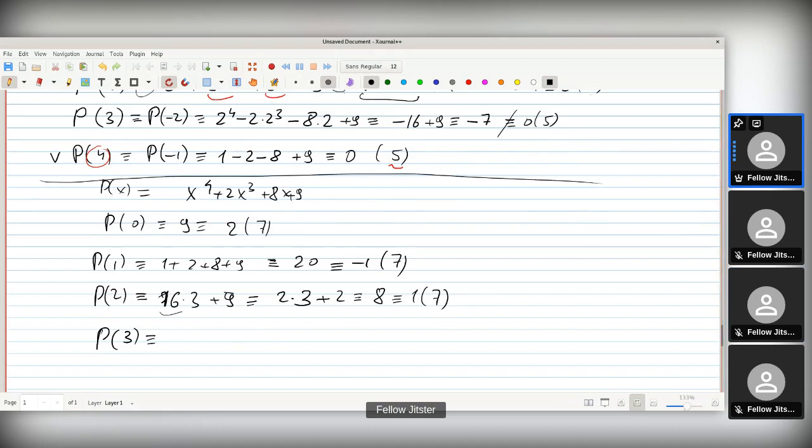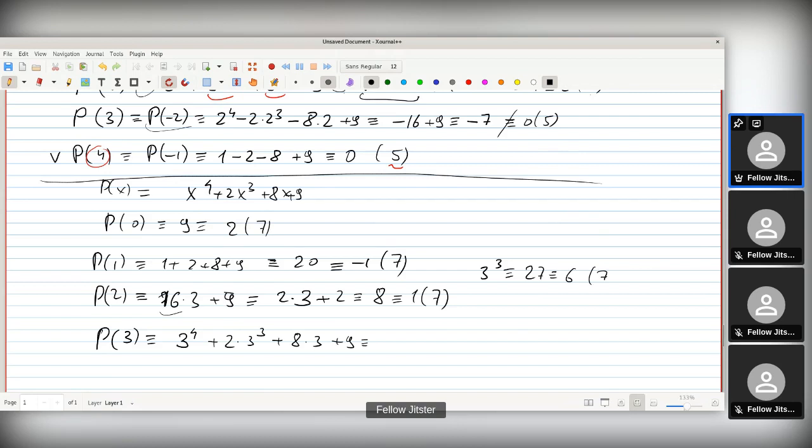3. What about 3? It is not possible to do this trick now. So we have 3 to the power 4 plus twice 3 to the power 3 plus 8 multiplied by 3 plus 9. But anyway, we can simplify it a little. What is 3 to the power 4? What is 3 to the power 3, modulus 7? 27. Really? Oh, modulus 7.